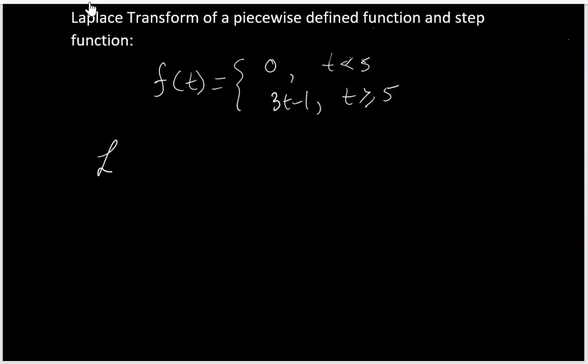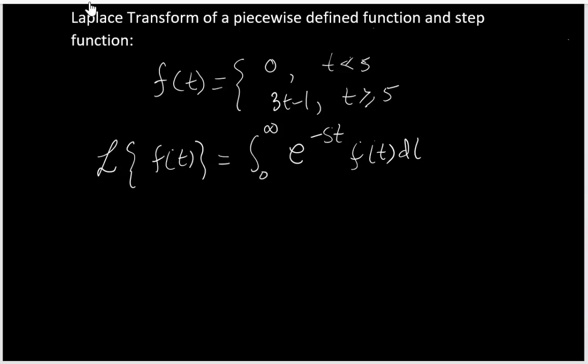We know the definition of the Laplace transform is the integral from 0 to infinity of e to the negative st times f(t) dt. Since my f(t) is defined piecewise, for the first part I take 0 to 5, e to the negative st, and the value of f(t) is 0.